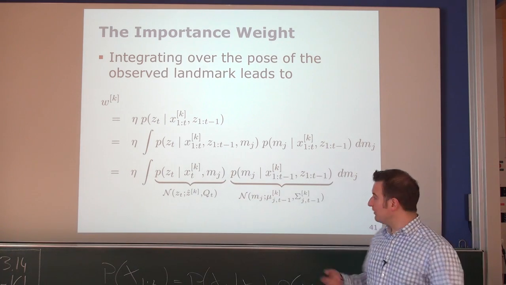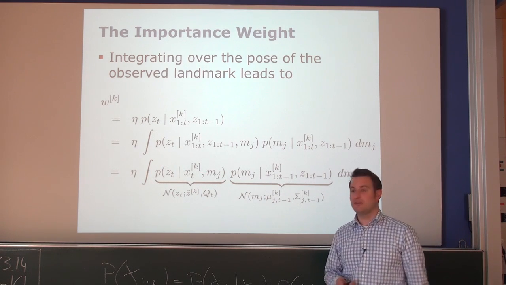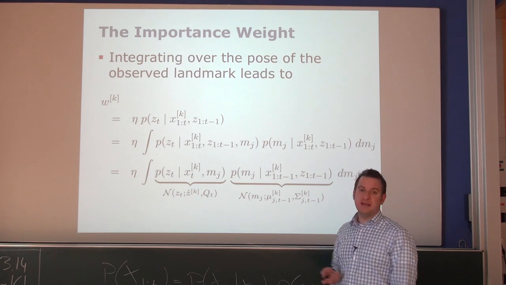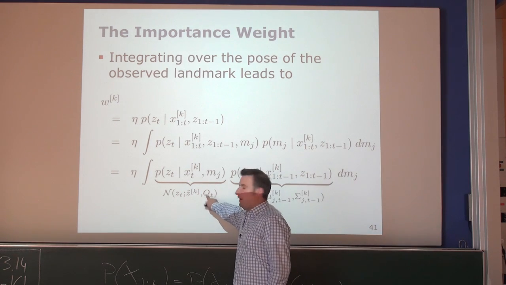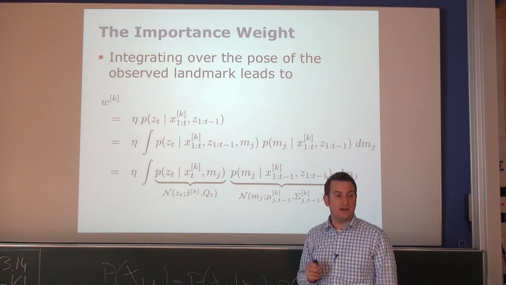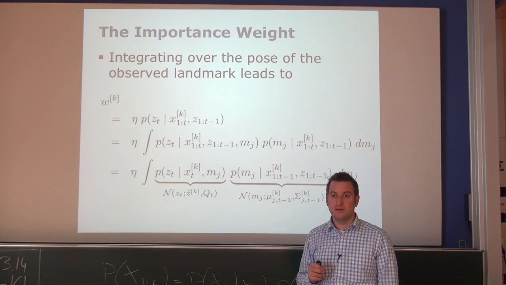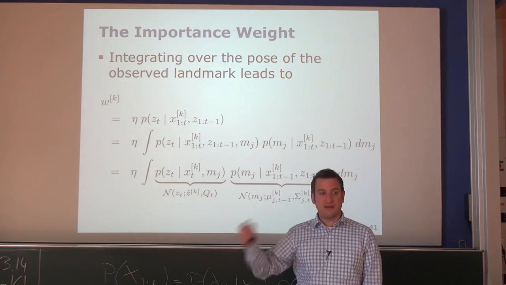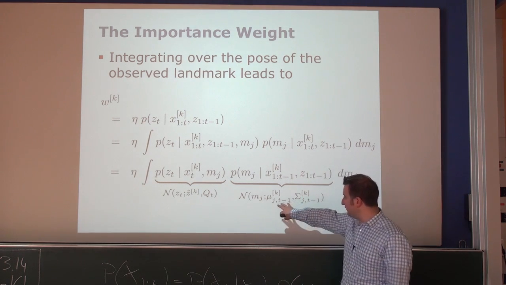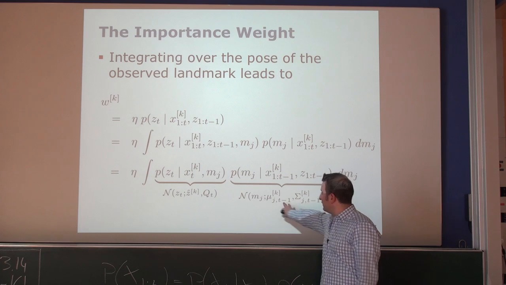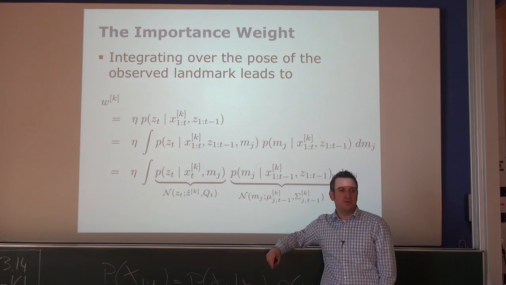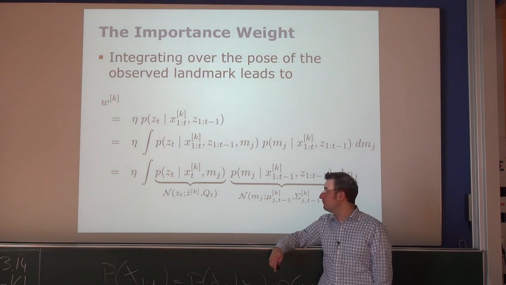Under the assumption that we use a Gaussian model, this is the likelihood of the current observation given the predicted observation and the uncertainty of that observation. Exactly the same as in the EKF, where we use this to trade off when computing the Kalman gain. The second thing down here is just the estimate of the location of the landmark, given what we computed with the EKF, our EKF estimate.